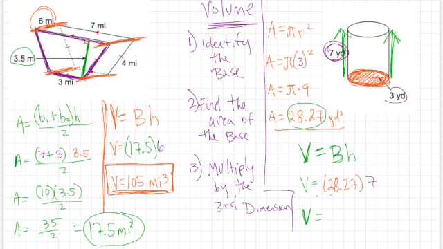So I'm going to say 28.27 times 7, and we'll get approximately 197.92 cubic yards. So that would be our answer to that last problem there.